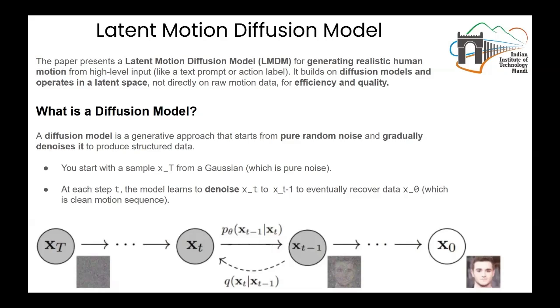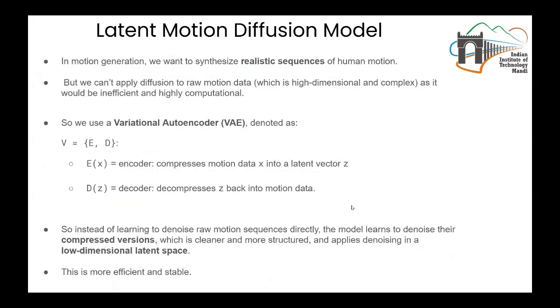A diffusion model is a generative approach where we randomly sample Gaussian noise from a Gaussian distribution and gradually denoise it iteratively to get structured data. We start from Gaussian noise, as you can see from XT, and iteratively denoise it bit by bit to get to the structured data X naught.